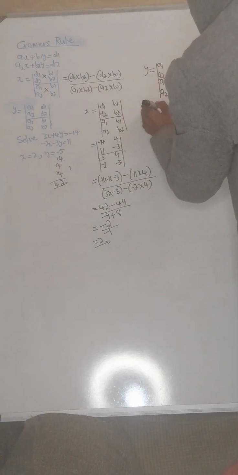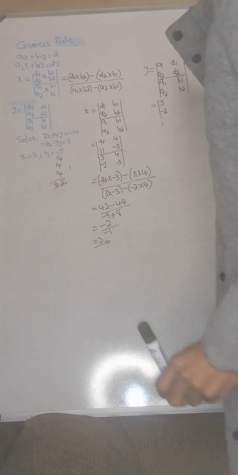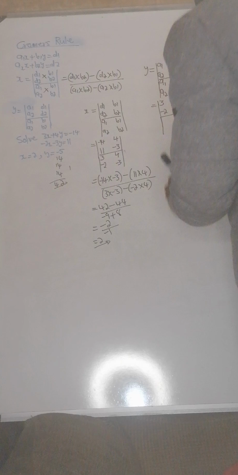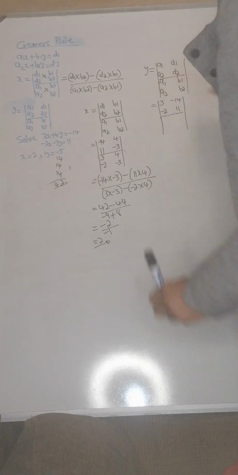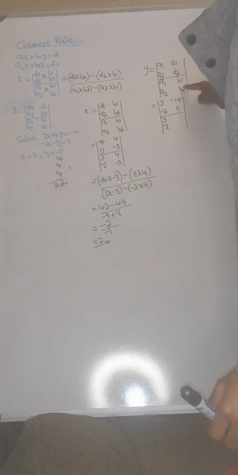Now how do we go around this? I'm just going to say the value of a1 should be 3, minus 2, d1 d2, that should be minus 14, 11. Very good. And then I'm repeating a1 a2, so I'm saying 3 minus 2, b1 b2, I'm taking 4 minus 3.